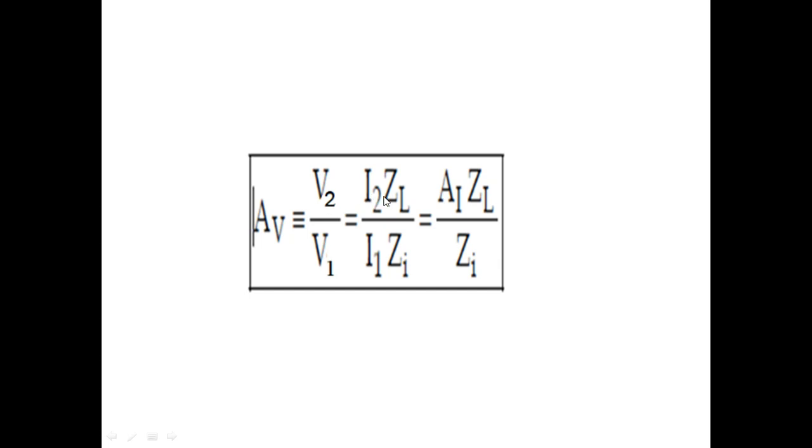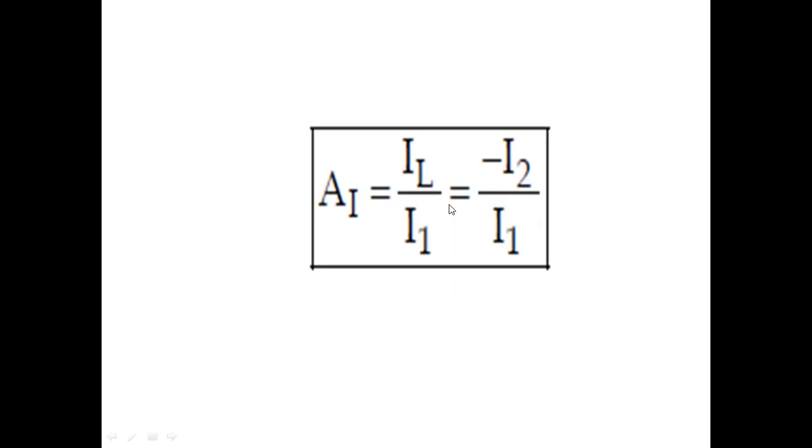Therefore, output voltage is equal to output current into output resistance or impedance, whereas input voltage is equal to I1 R1 or ZI, where ZI is the input impedance. So output current into output resistance divided by input current into input resistance.